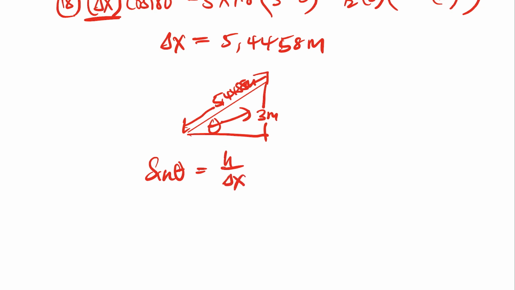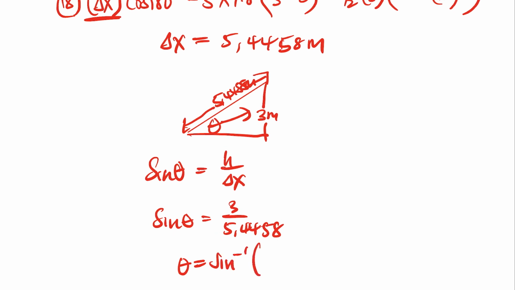The hypotenuse is the displacement, so sine theta is equal to 3 over 5.4458. So we'll do the arc sine there. When you punch that in the calculator, it will be 33.43 degrees. That's the angle there.